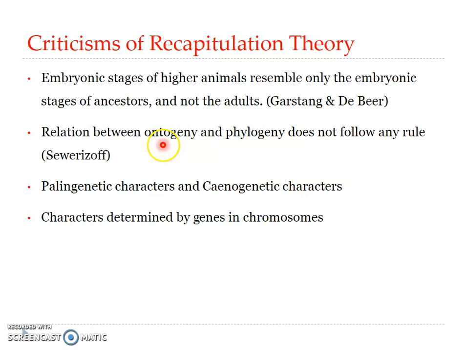So what we can summarize is that the relation between ontogeny and phylogeny does not follow any set of rules.